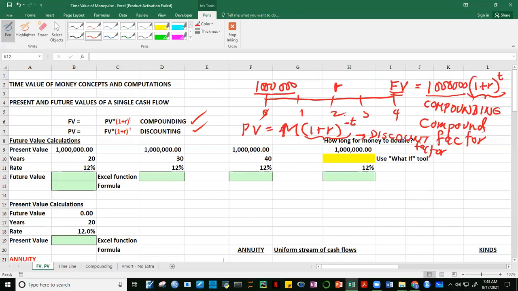Can somebody please state how else can we write the 1 plus R raised to the negative T? In algebra, this can be written as, anyone? How do we rewrite a negative exponent?